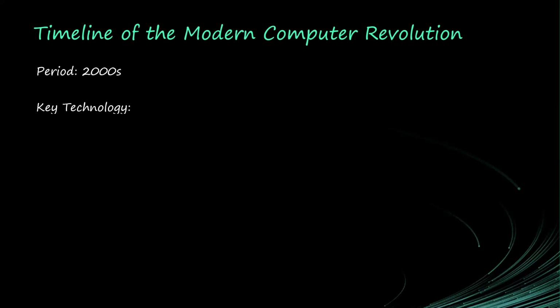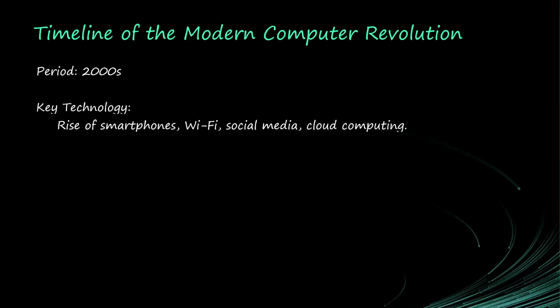In the 2000s, the key technology was the rise of smartphones, Wi-Fi, social media, and cloud computing. This is how computers have been advancing. In the 1990s it was the internet, email, and Windows 95.